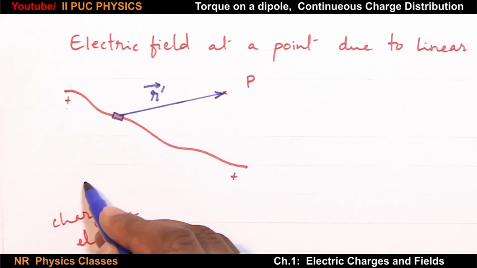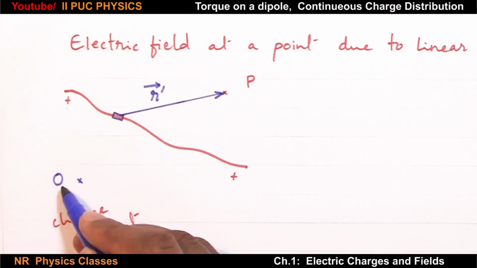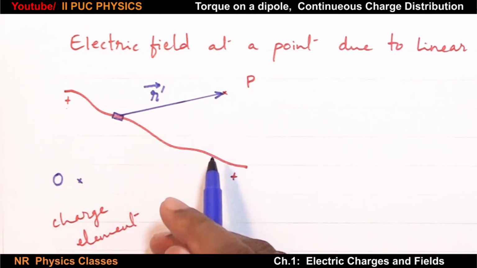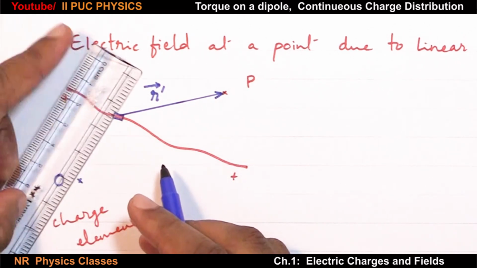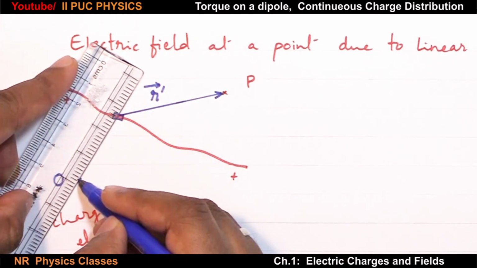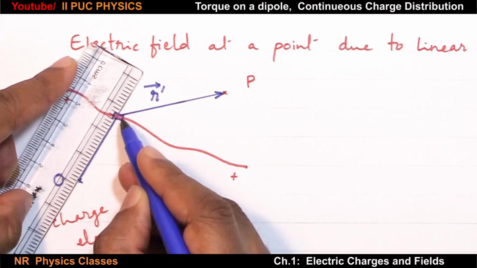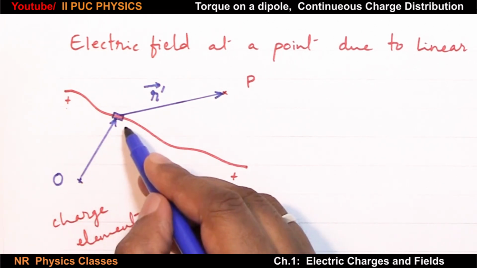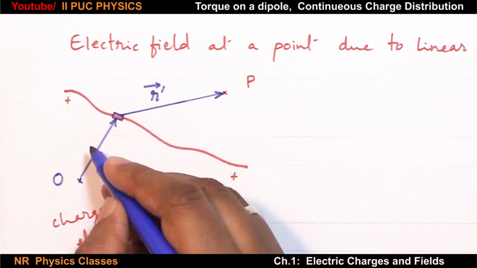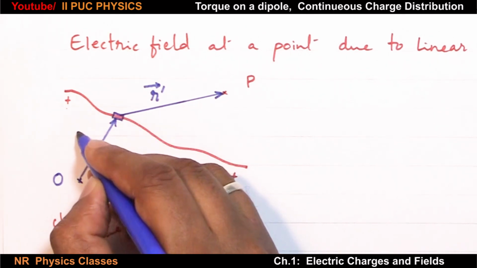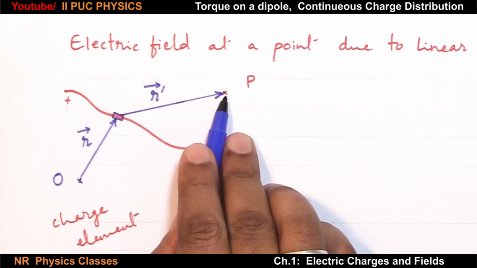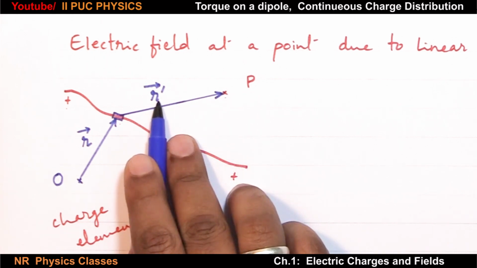This is some arbitrary origin, O, a reference point. So the position of this charge element from O is one more position vector. With respect to this origin, this is the position of the charge element, so that position vector is R. With respect to the charge element, P is represented by this position vector.